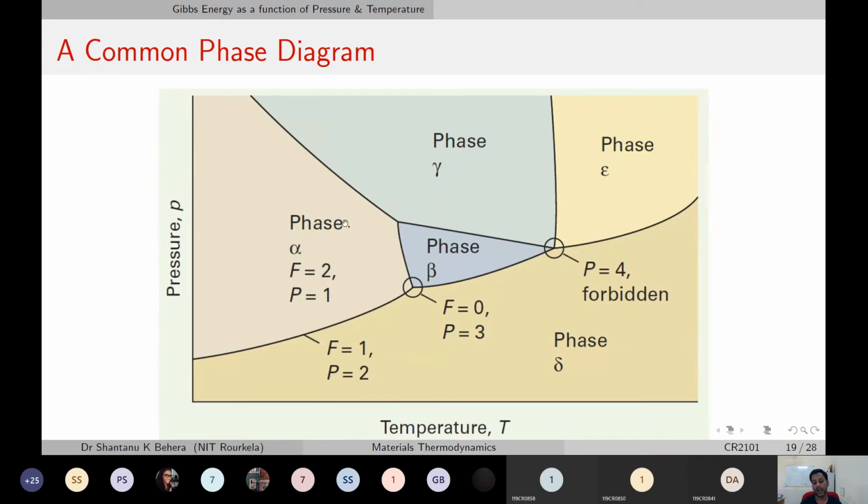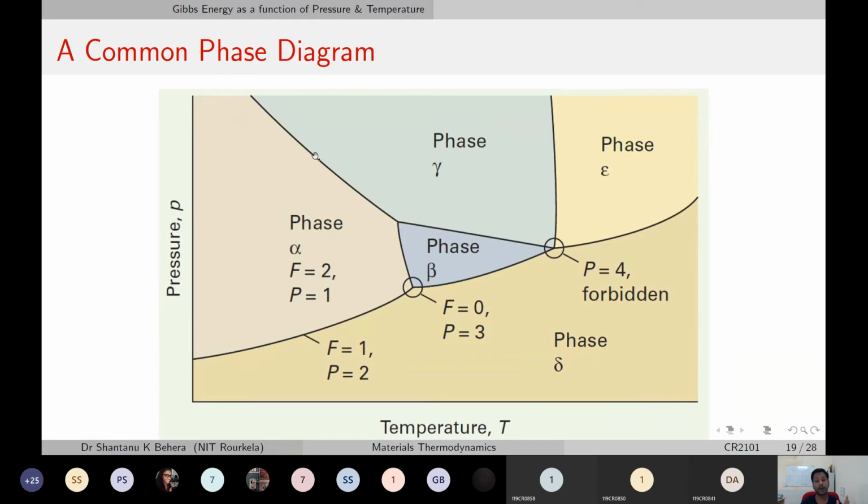So the idea of degrees of freedom 2 here in the primary phase field and degrees of freedom 1 here on a two-phase equilibrium line is why they are different. They're different in the sense that in the phase field you can change pressure and temperature, and you still are in equilibrium, in the sense that alpha phase remains alpha phase.